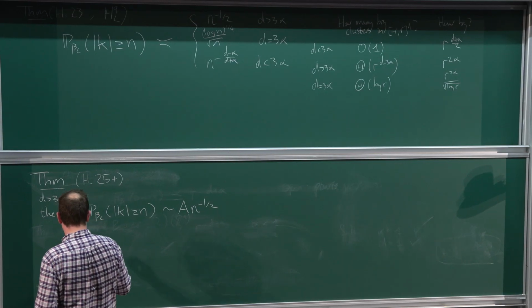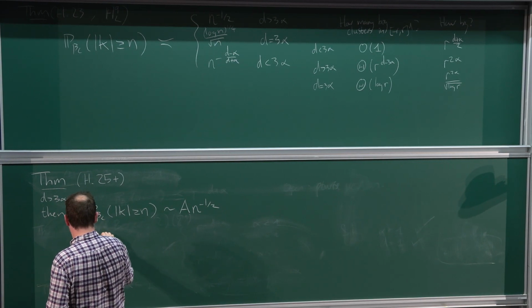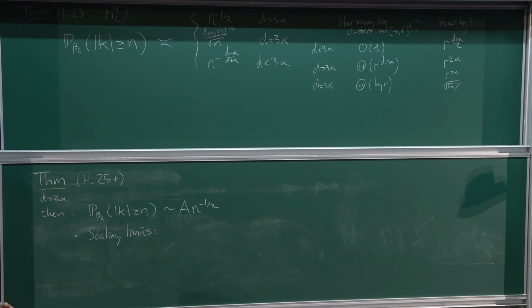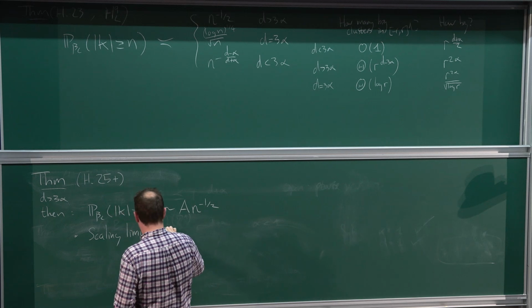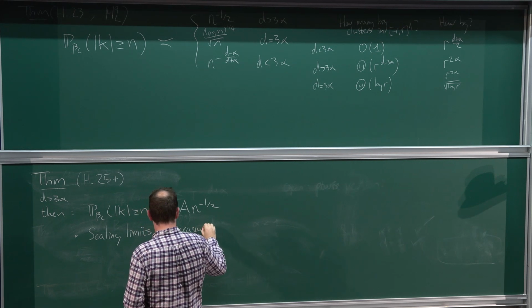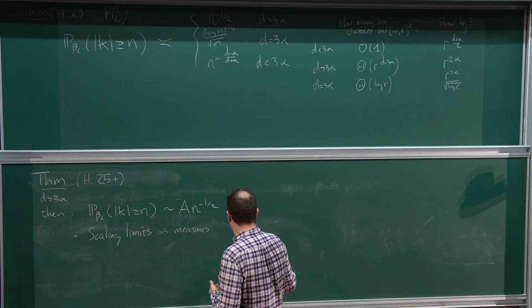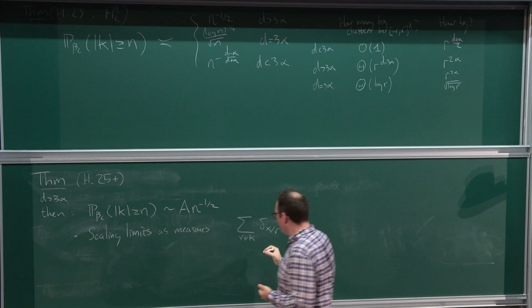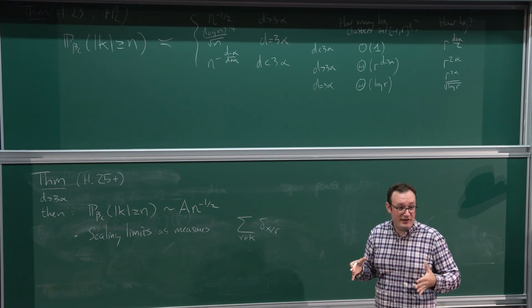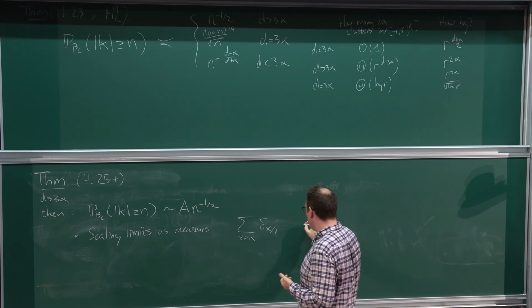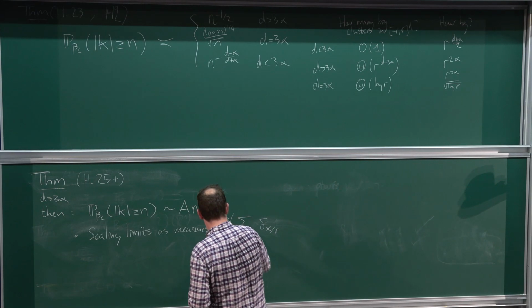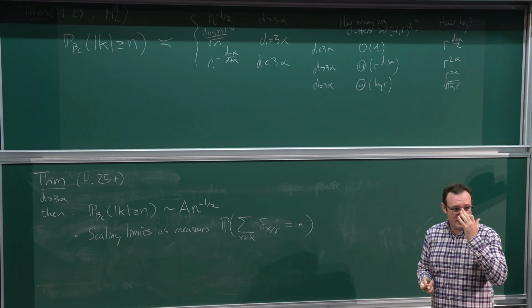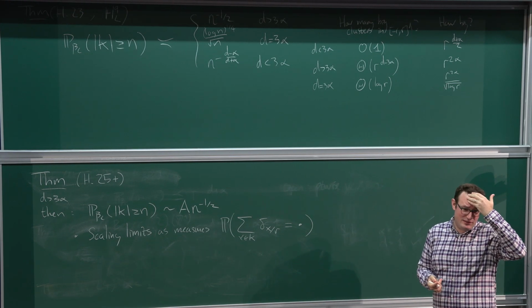The second thing is that you get scaling limits, as measures. So if you look at the cluster of the origin, and you look at the sum of all these counting measures where you scale everything, then this converges in law to this. Actually it turns out the best way to think about scaling limits of this kind of thing is to not use probability measures.